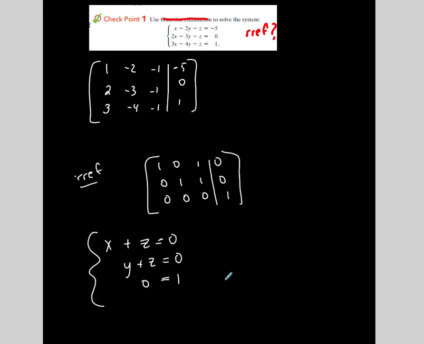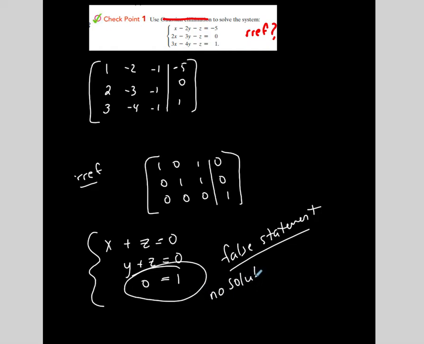What kind of system is that? Look at this. If you recall, back in systems of two variables and 2 equations, when you have a false statement algebraically, you go through the process and you get a false statement, right? You have no solution. There is no solution to the system.